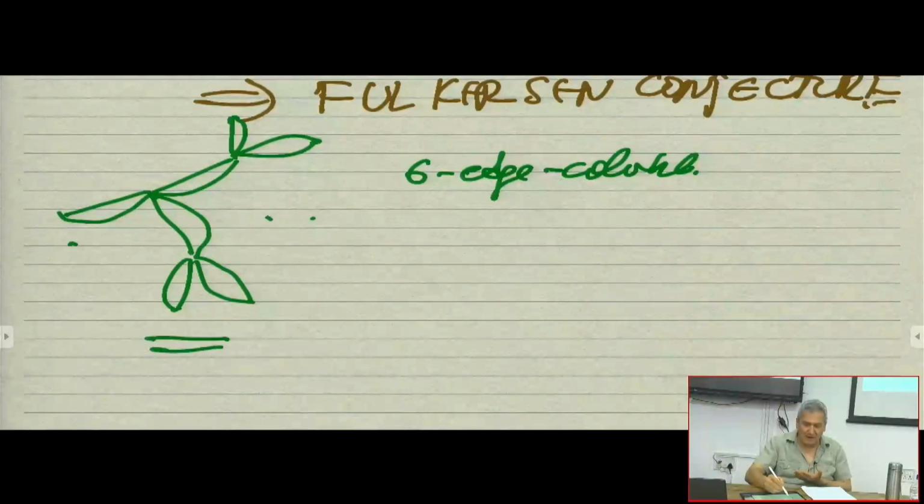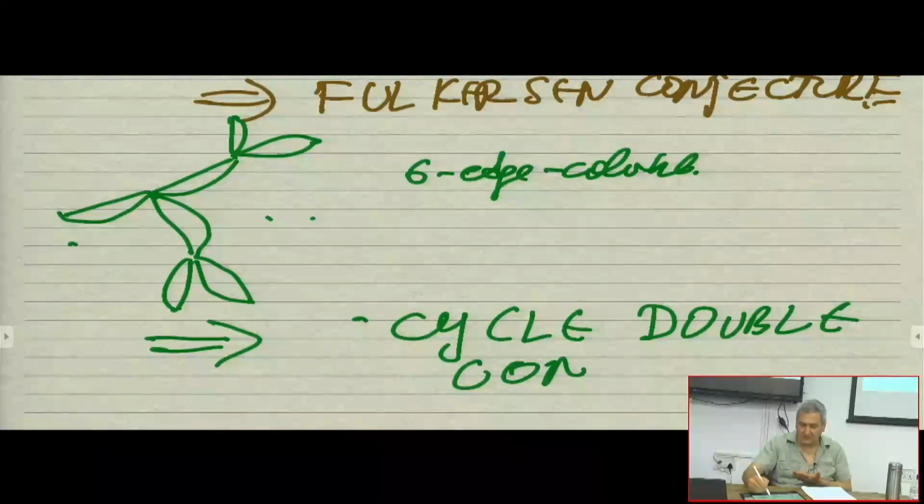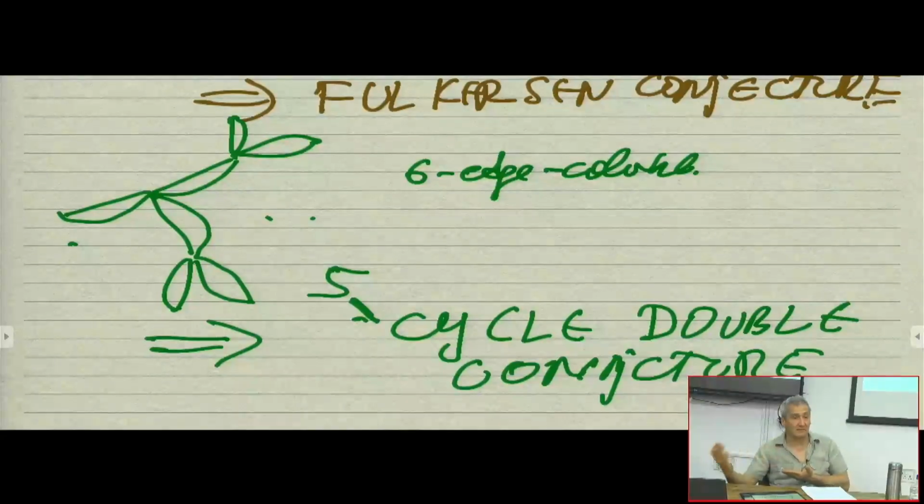It also implies the cycle double cover conjecture, actually in a stronger form, known as the 5-cycle double cover conjecture. The cycle double cover conjecture is, in a graph, to find a set of cycles.